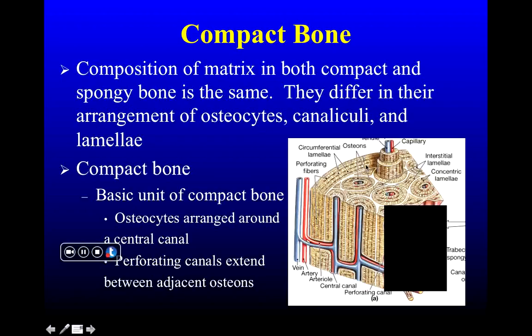Then we have these rings around the arteries. They're called what kind of lamellae? Concentric, right? Concentric circles, one circle next to the other. And then you have interstitial lamellae that holds it all together, right? So there's not a lot of space here without bone, is the point.